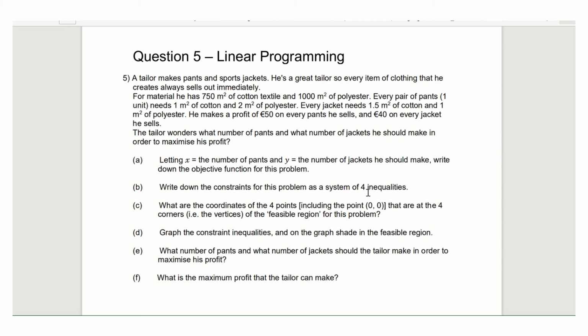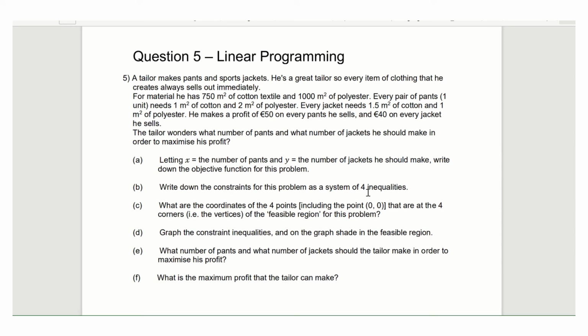For every pair of pants he needs 1 meter squared of cotton and 2 of polyester.